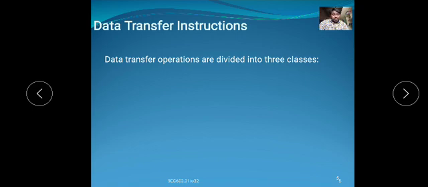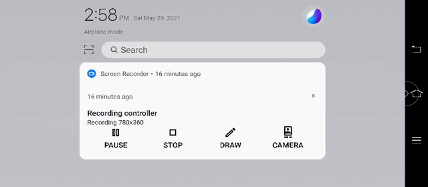Our main topic is the data transfer instructions.